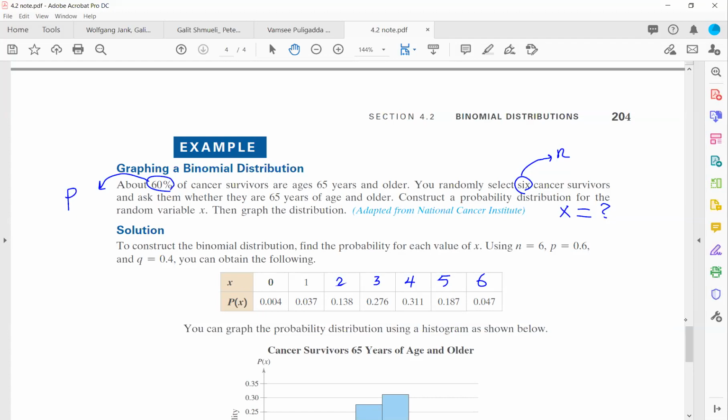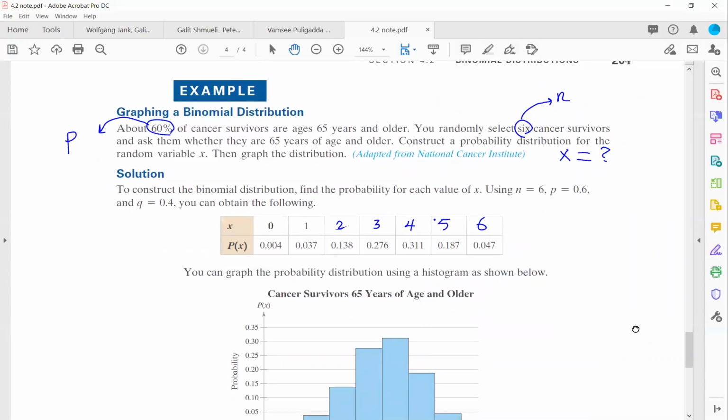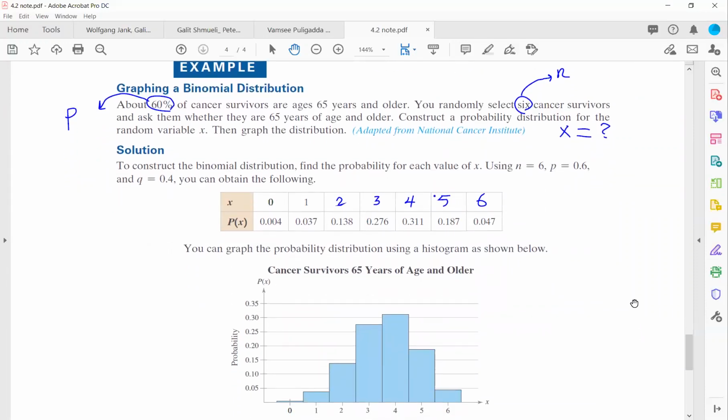The probability that X is equal to 4 is actually 0.31 or 31%. The probability that X is equal to 5 is almost 19%. And finally, the probability that X is equal to 6 is going to be 0.047 or just 5%.